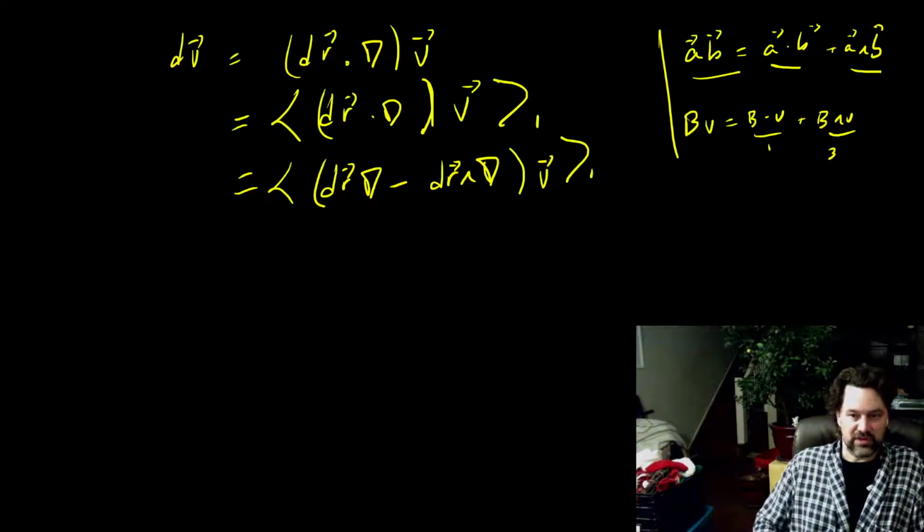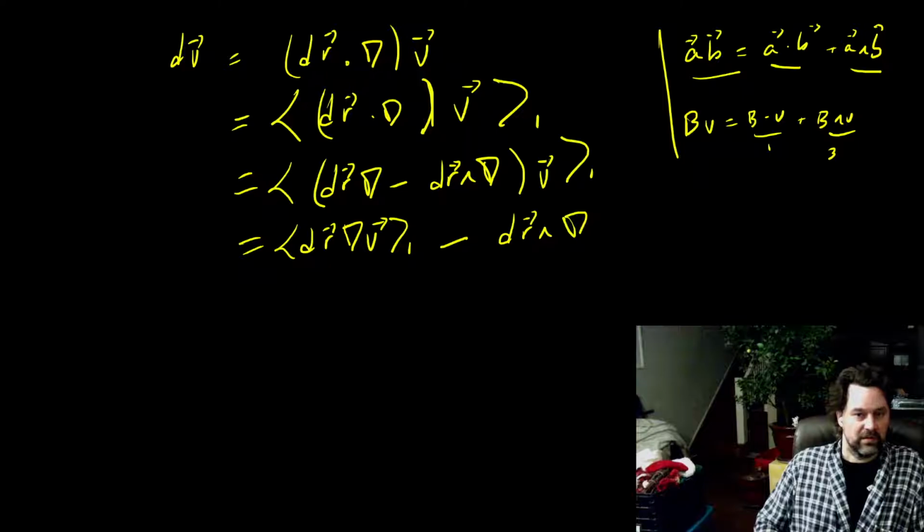The trivector component is killed by our vector selection, so we're just left with the b dot v term. So that is the vector component of dr grad v, minus dr wedge grad dotted with v.